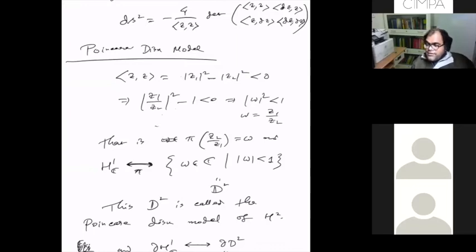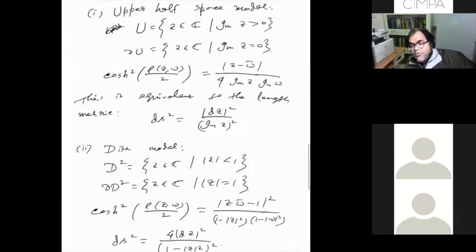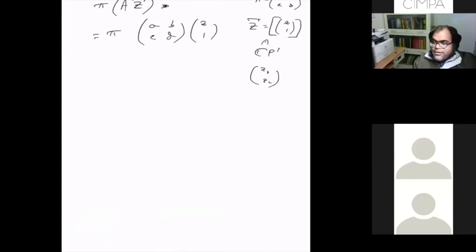But you note that if you call Z to be (Z1, Z2), then up to a scaling this is also represented by the vector (W, 1), where W is Z1/Z2. So essentially we are taking that sort of representative, but I am denoting it by Z instead of W. Now this is π of (AZ+B)/(CZ+D).